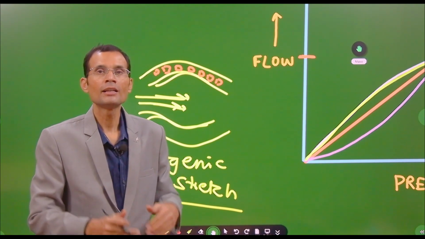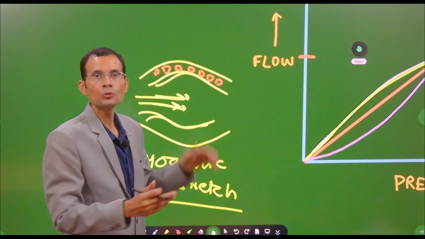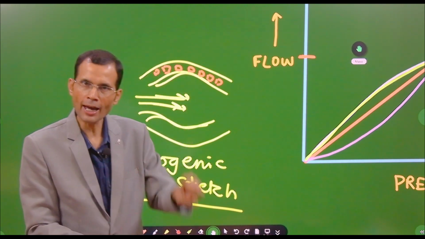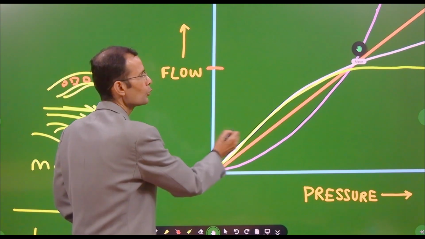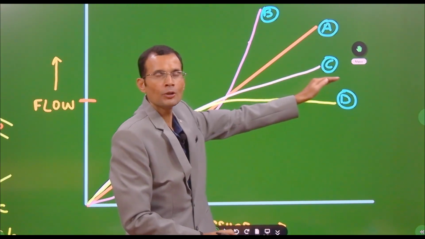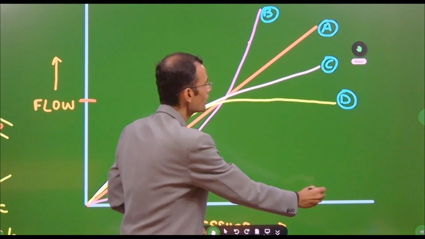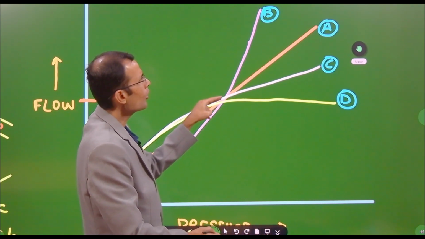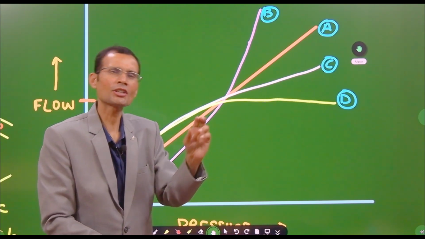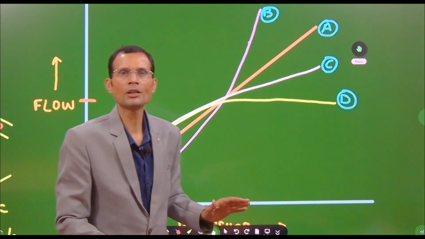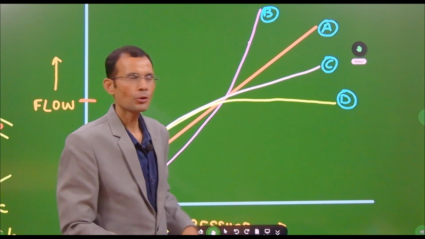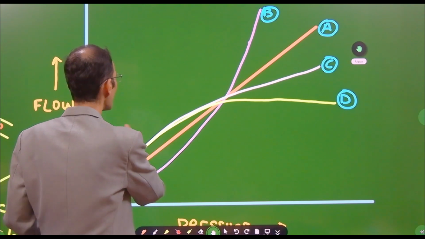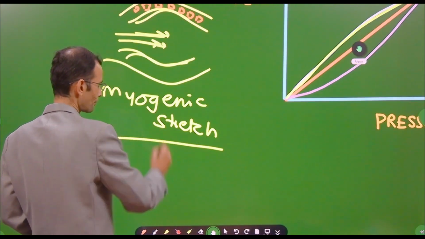So smooth muscle responds to the stretch, and contracting means the vessel will narrow, and as the vessel narrows, the blood flow will decline. Even if you increase the pressure, the flow is not increasing beyond a certain point. It is just about increasing. It's not increasing much as compared to A. It's not a linear relationship because of the contraction of the smooth muscle. So that's myogenic stretch theory.